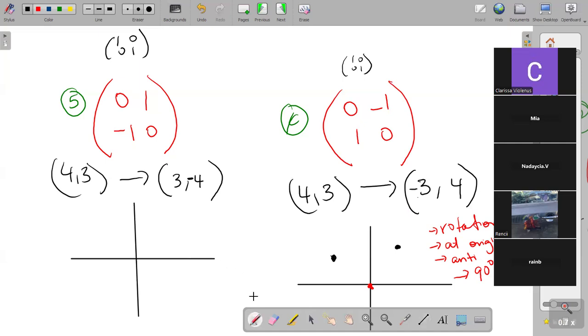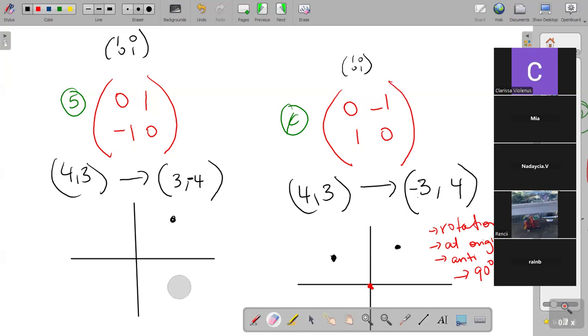So let's see what type of movement this is. Anybody want to guess what type of movement this is? So let's see where we moved from. Where were we first? We were here. And where did we end up? What quadrant did we end up in? We end up in quadrant 4.